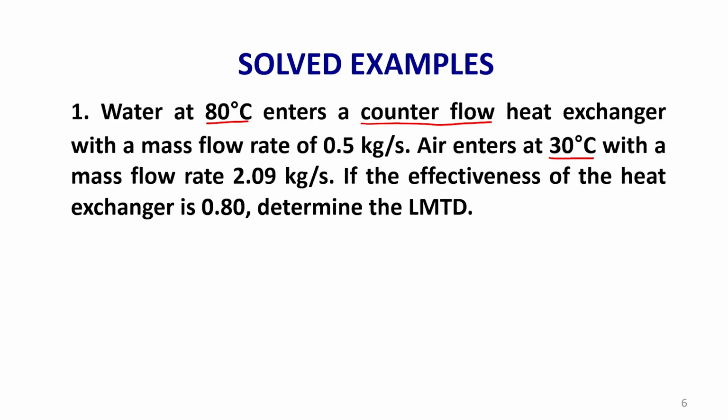If at least 3 temperatures are known, as I explained before, and the mass flow rate and Cp of that fluid are known, then we can find Q, either heat lost or heat gained, and with that find the 4th temperature. But here only 2 temperatures are given, so it is not possible to find the other 2 using LMTD, because to determine LMTD we need all 4 temperatures.